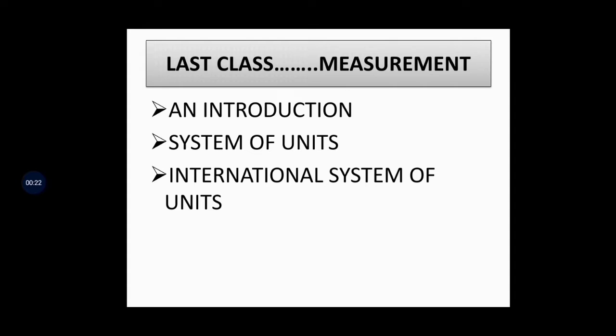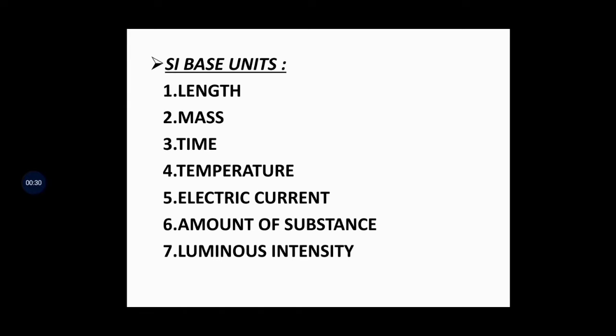And you have also seen system of units, international system of units, SI base units. Normally you have 7 SI base units. Those are length, mass, time, temperature, electric current, amount of substance, luminous intensity. I think you have heard and learned about all these things in the last video.